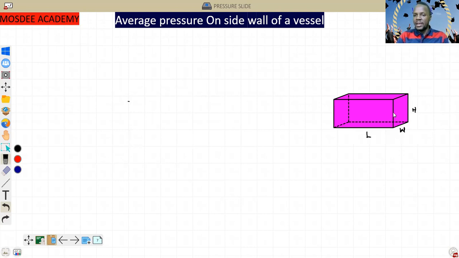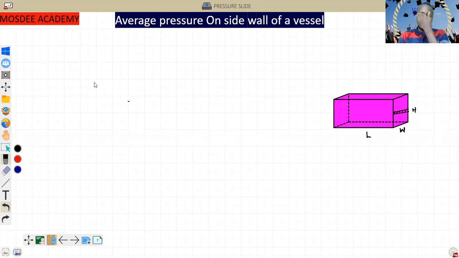So I'm taking this elemental strip, which is a short strip. The cube has length, width, and height, so the total height is h. We only want to consider the pressure acting on this side, so I will consider an elemental strip and go by my knowledge of integration.